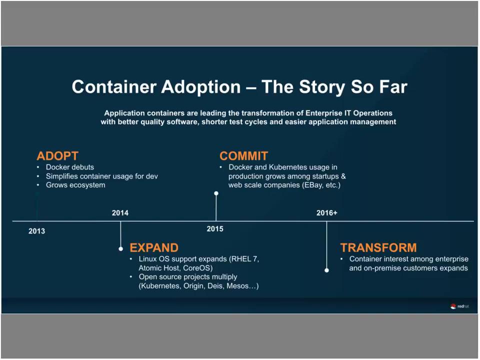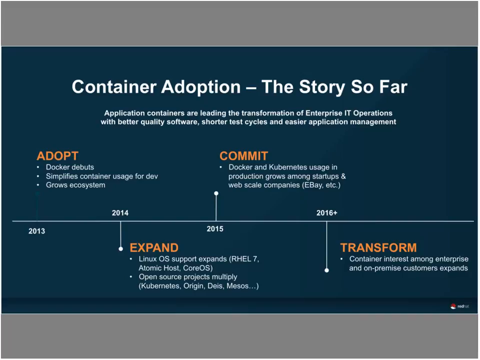How do I know when one of them died or what host it's running on, right? And so you have this emergence of container orchestrators, which are a control plane or a command center for running the different containers that you have for all your different applications across your cluster. And so you have the Kubernetes project or Origin, Deus, Mesos. These are all examples of container orchestrator control planes.